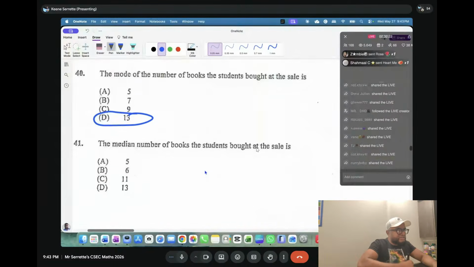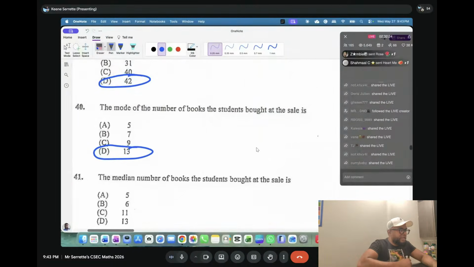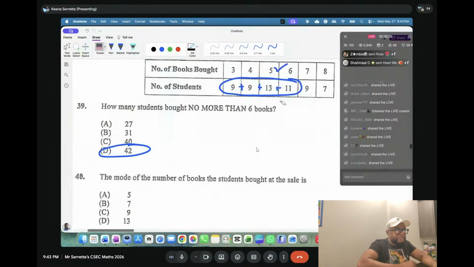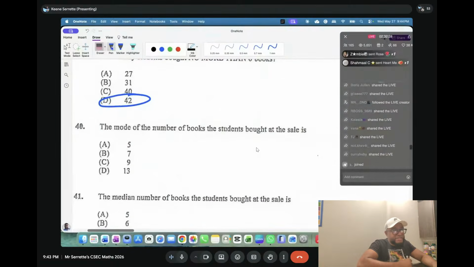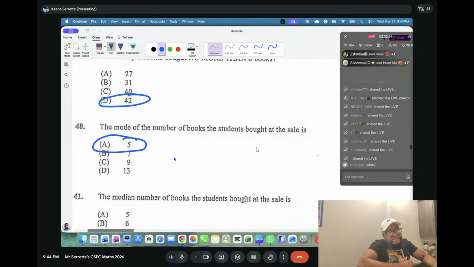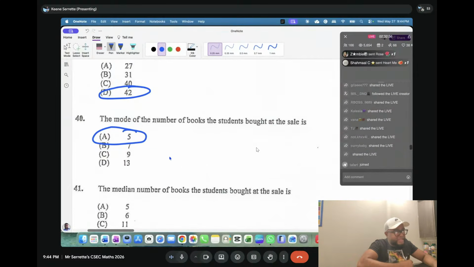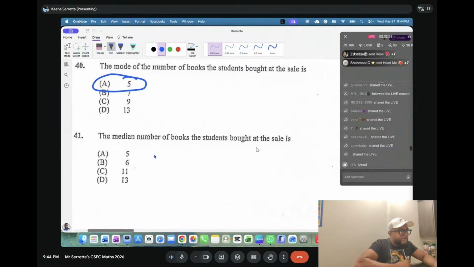Median number of books. I watched 13, and that's a common mistake, guys. Clock that. You watch 13 and put 13 as the answer and you get a big X. Median number of books the students bought at the sale: median will be n plus 1 over 2.